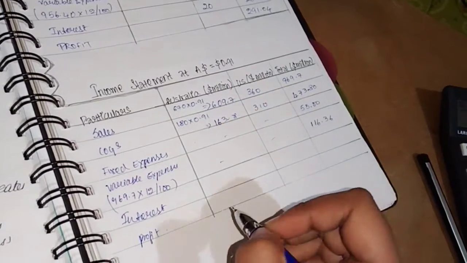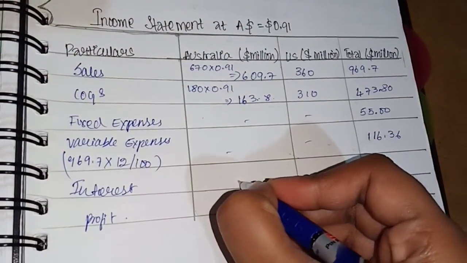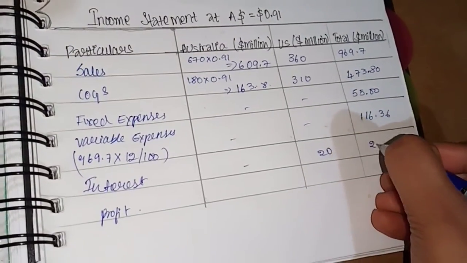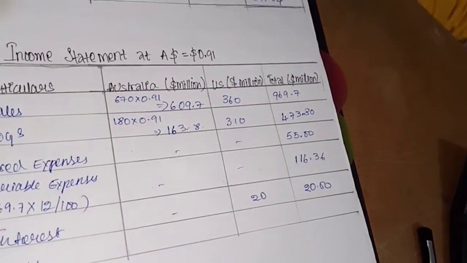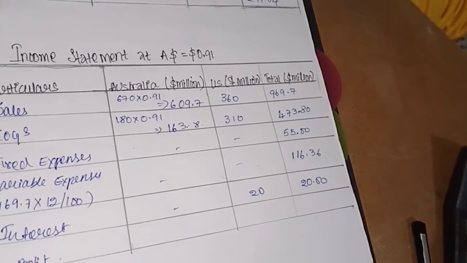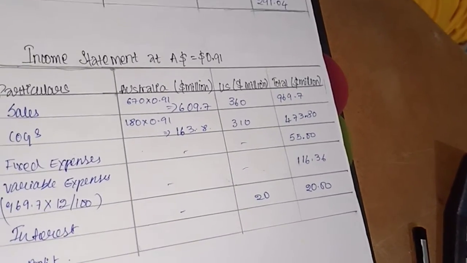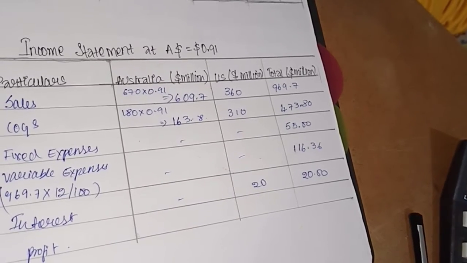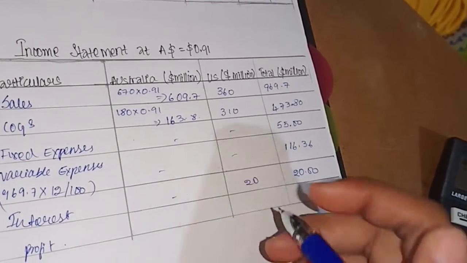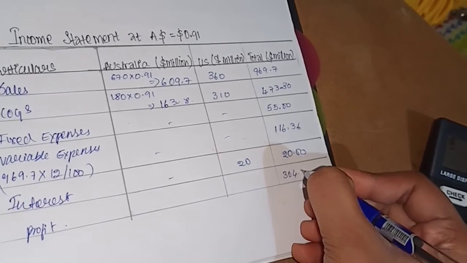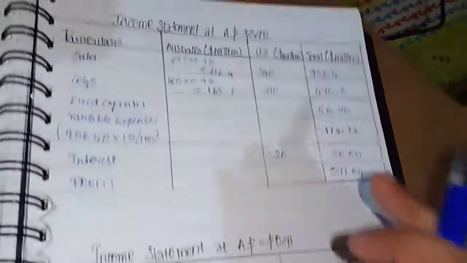Interest, I write 20. Now calculate profit: 969.7 minus 473.8 minus 55 minus 116.36 minus 20. I am getting 304.54.